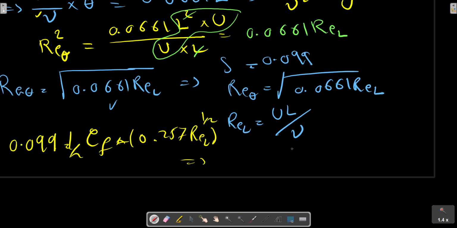So we can have an expression for CF as a function of the root of Reynolds L. This relation is for the friction coefficient as a function of Reynolds L, not Reynolds theta.